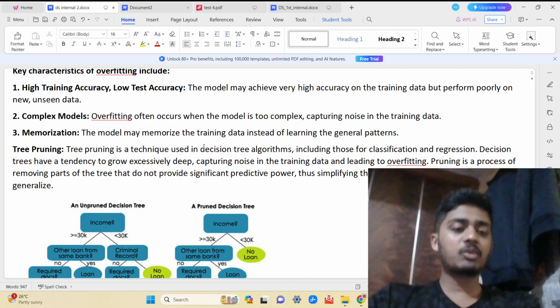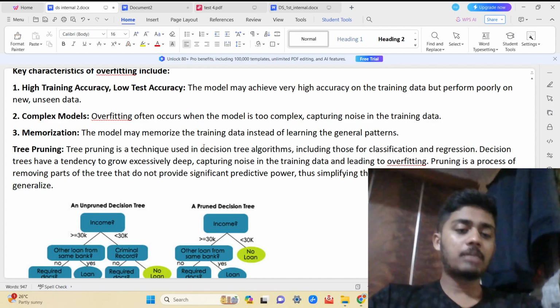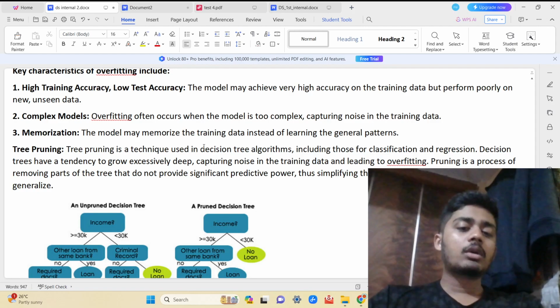Now coming towards tree pruning. It is a technique used in decision tree algorithms, including those for classification and regression. Decision trees have a tendency to grow excessively deep, capturing the noise in the training data and leading to overfitting. So pruning is the process of removing the parts of the tree that do not provide significant predictive power, thus simplifying the model and improving its ability to generalize.